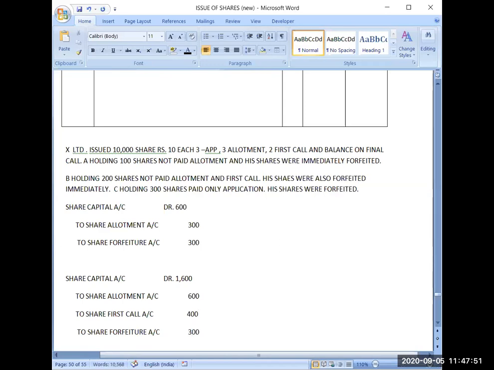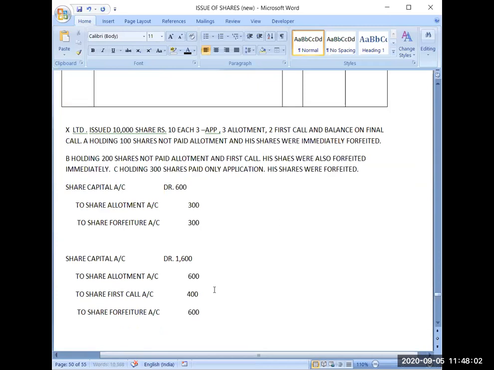And he has paid us only rupees 3 application money. So 600 he has paid us.